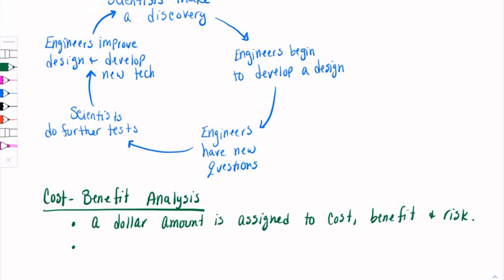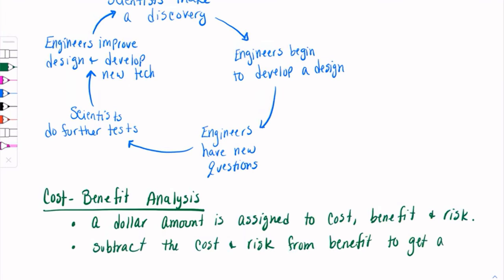Okay, so then you subtract the cost and risk from the benefit to get a net benefit.